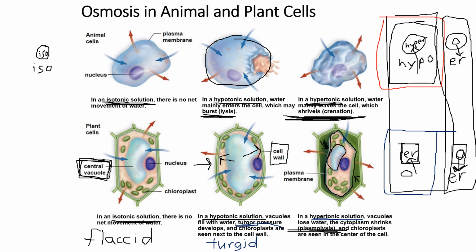So when you're comparing animal to plant cells in osmosis, the direction is the same. So isotonic, the water will move in and out, but there'll be no change. Hypotonic, water will move into the cell. And in a hypertonic solution, water will leave the cell.